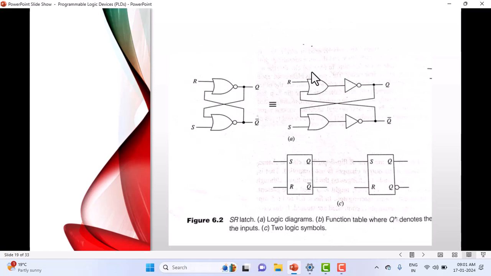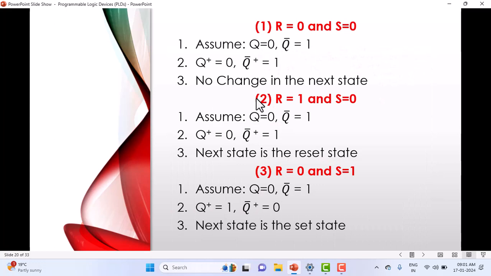What is our input assumption? Both are 0, 0. R and S are 0, 0. Q is 1, Q bar is 0. Okay. So now, what is the next state you expect here? Look at this. It is 0, 1. Are you able to get it?